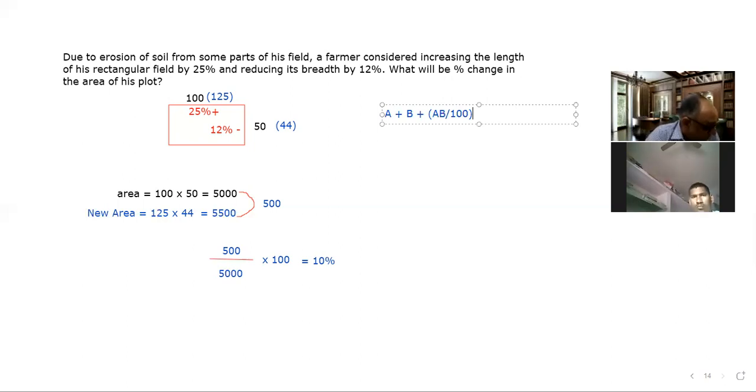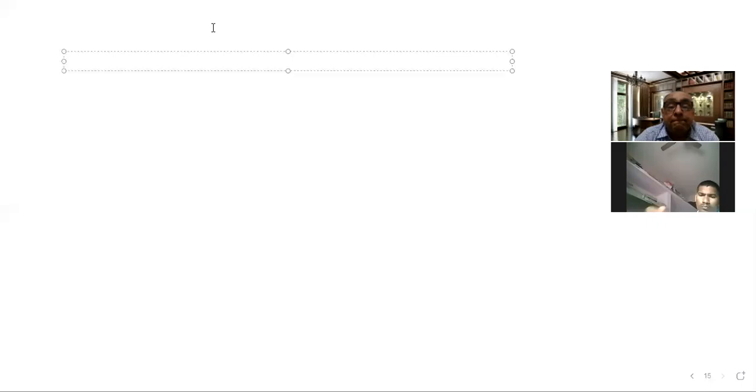So now the next thing is that it's again an interesting question. Now the question is that a shopkeeper increases the price of his product by 20%.